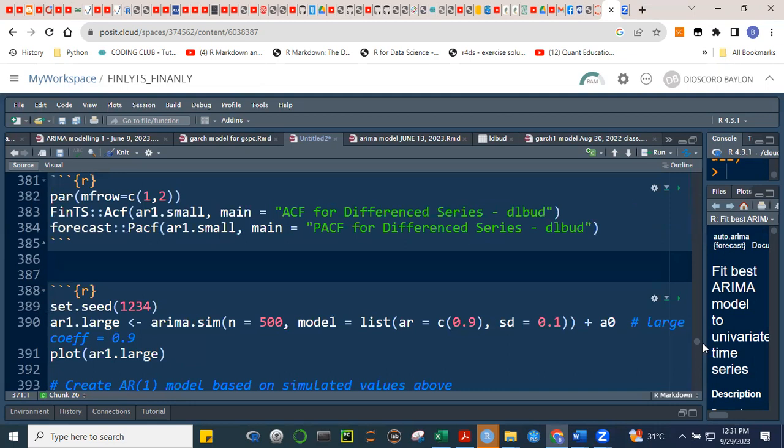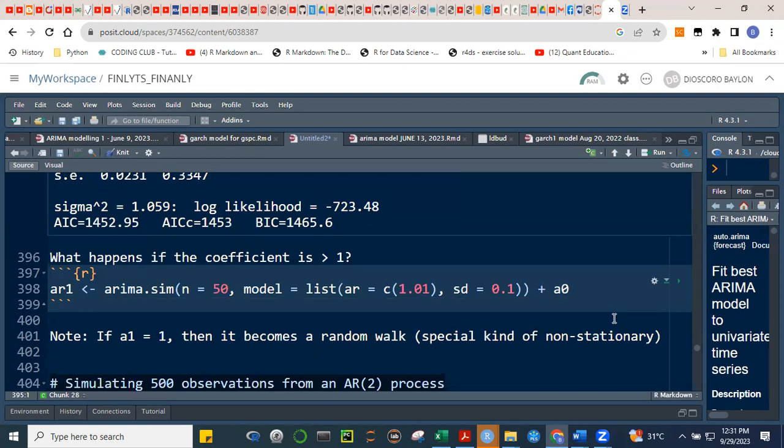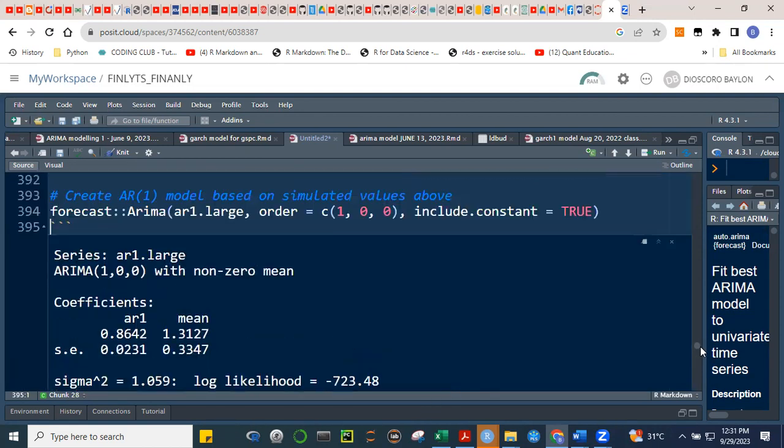Alright, so let's now create na natin to, no? And then i-forecast na natin siya, class. So our forecast will be, yan, itong, using ang constant natin 0.86.